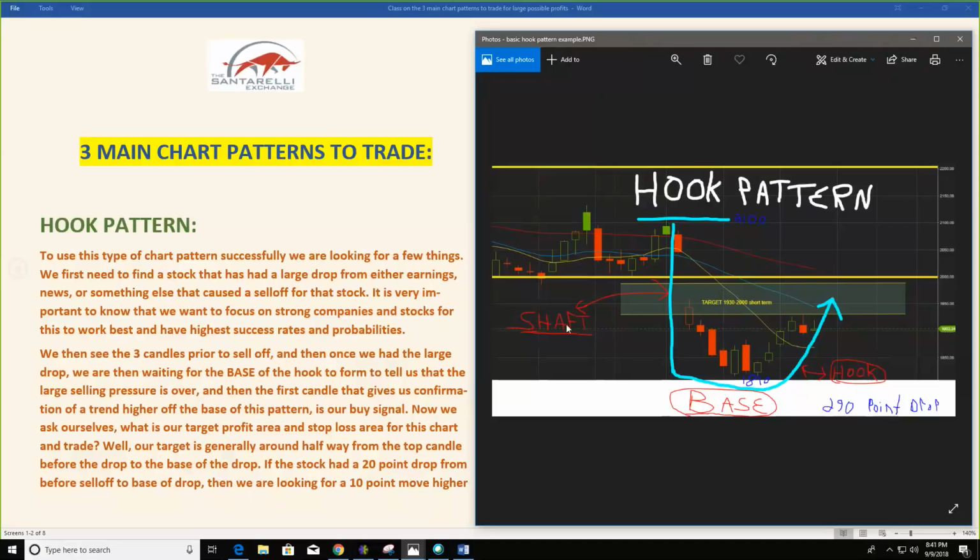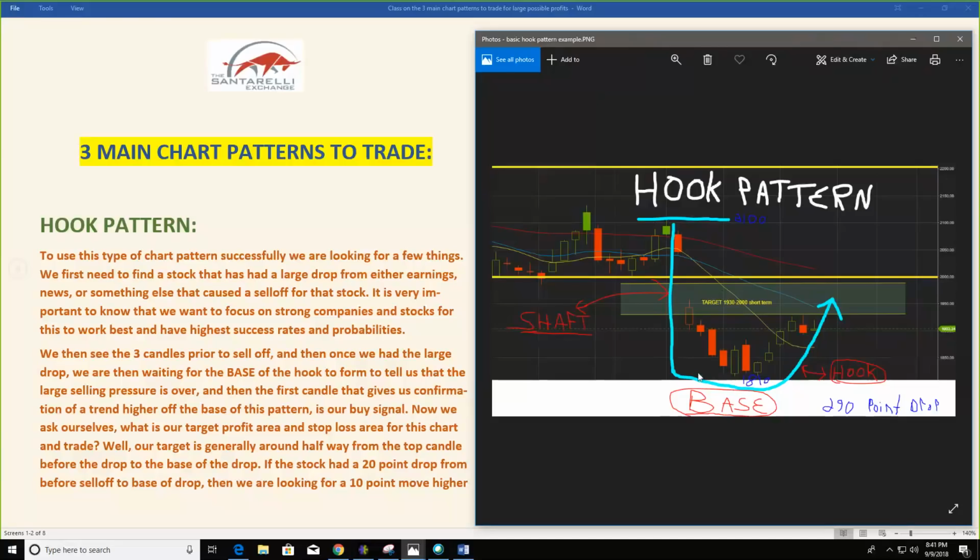But like I said here, the shaft, it's important I go over these terms because of how we're going to decide the entry and exits for the trade setup. So the shaft is the drop that the stock had from the three previous candles before the drop all the way down to the base of where the stock settled down at. So as you can see here, Booking had the drop from $2,100 all the way down to around $1,800 a share.